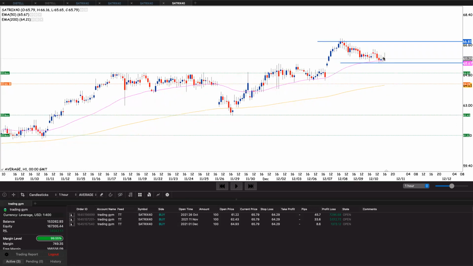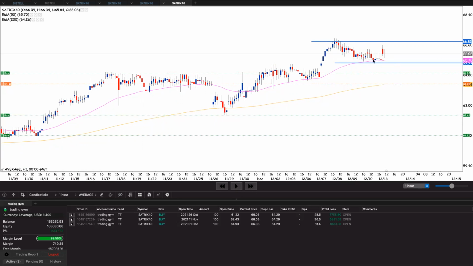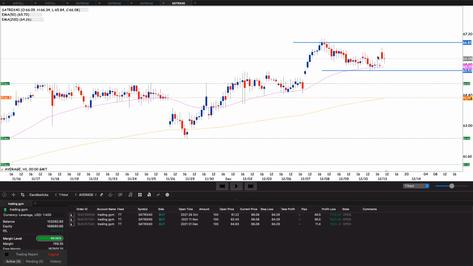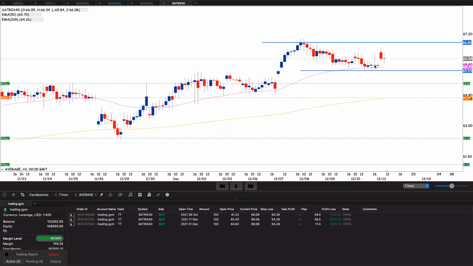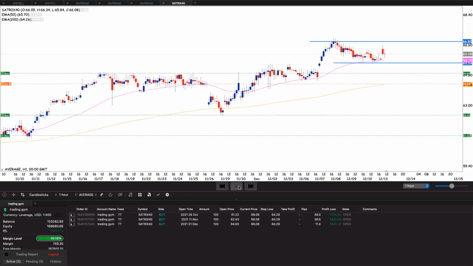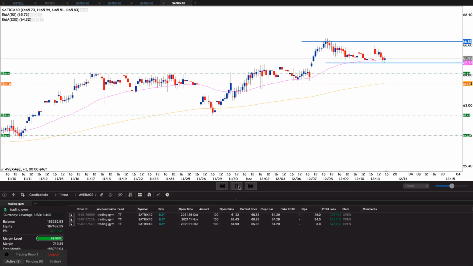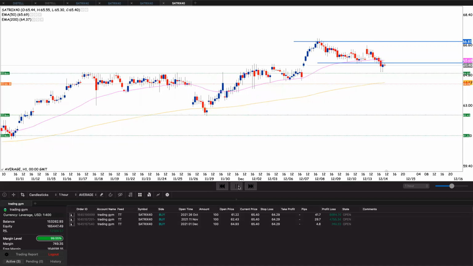Now the selling is starting to dry up. We see the bodies of these candles are starting to reduce. These candles are called dojis, where the body is small but the wick is big. They are reversal candles.